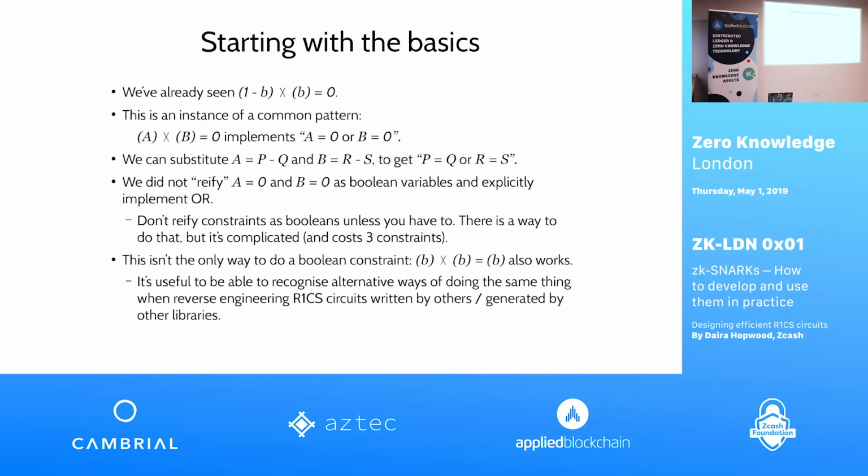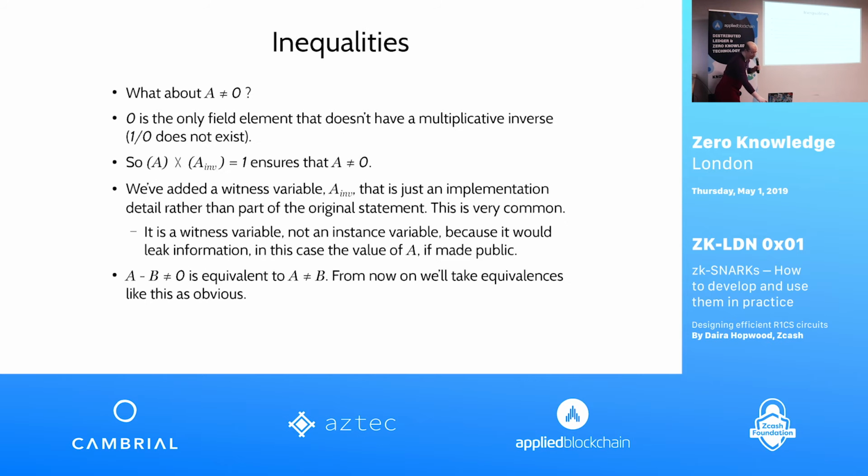And in practice, you'll probably settle on a few specific ways of doing things, or the compiler from your higher level language will. But it's useful to know other ways of doing the same thing, in case you see them from other people's work. So, we've seen how to prove that something is 0, or that two things are equal.